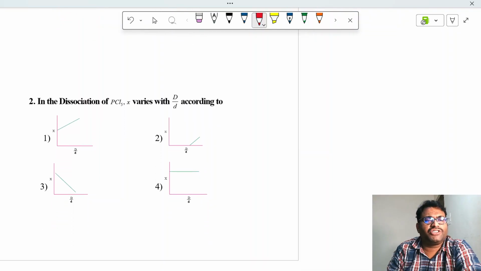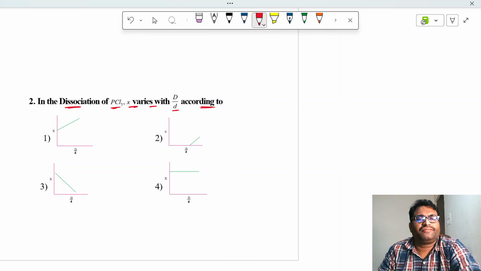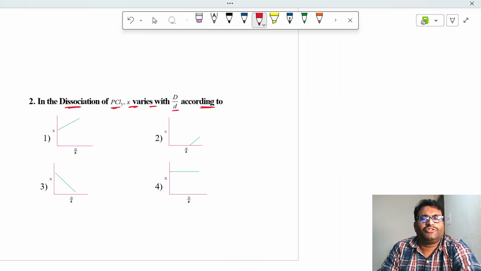Next, in the dissociation of PCl5, x varies with D/d according to which graph? PCl5 dissociates to give PCl3 plus Cl2, all in gaseous form.